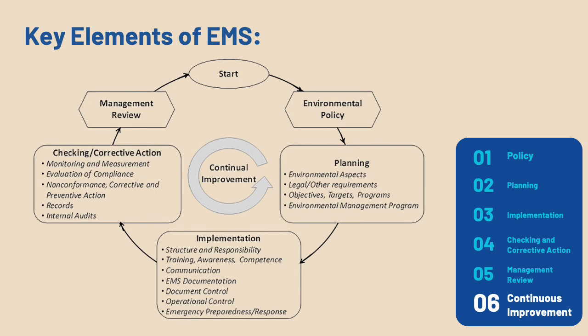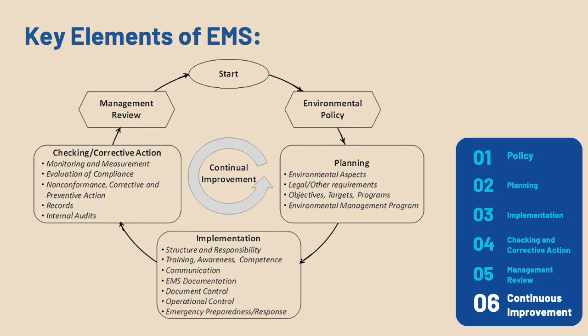The final one is continual improvement, because this is where companies build on their successes and learn from their failures. It doesn't mean that within 1 year you can comply and achieve whatever you've targeted.